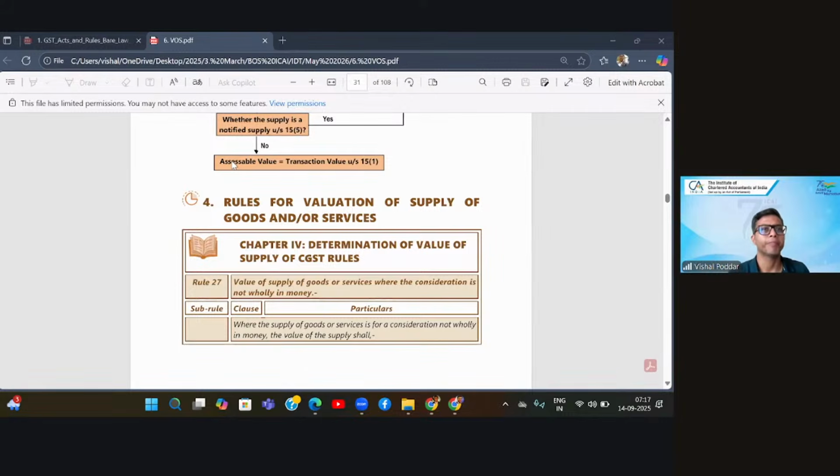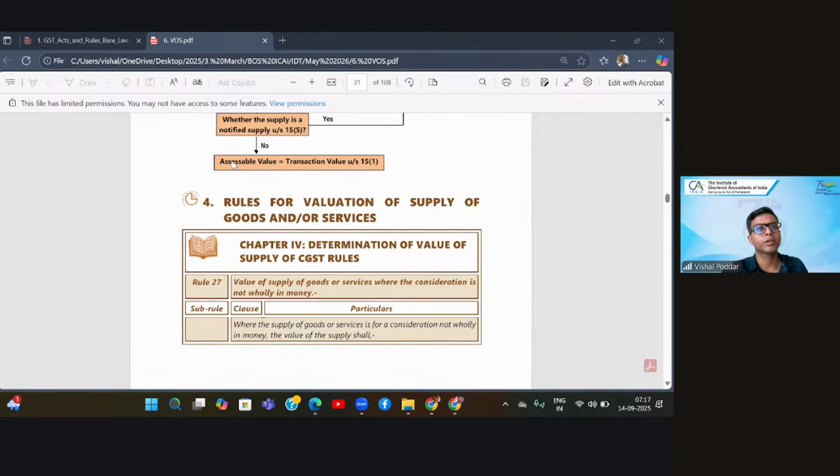However, if it is B, where at the time of supply I charge the full price, and in future, after 1 month, 2 months, for some condition which is already agreed before or at the time of supply, I give you a discount in the future. So originally my first invoice is of the entire, let us say, 1 lakh.